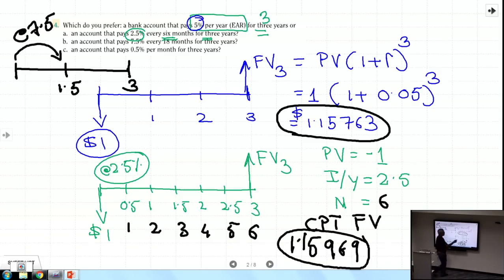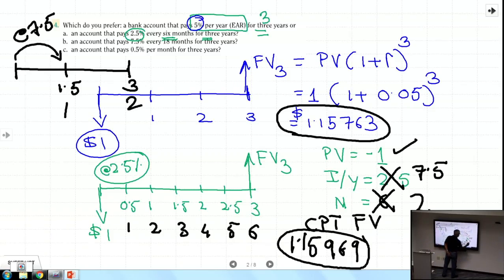Again, your present value remains 1. Your interest would now change from 2.5 to 7.5, and there are 2 periods over here. You compute future value, and that comes out to 1.15563.